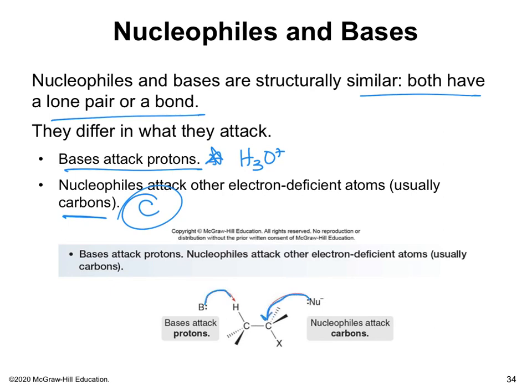If it's a base, it's going after the proton. And you're going to see that when your bases go after your beta hydrogen, B is for beta, that's going to be an E2 reaction or an E1. It'll be really an E2. You won't have E1 on that. So E2.